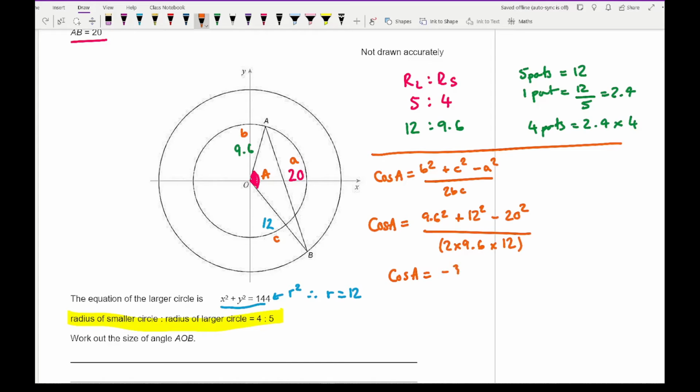Don't worry about the negative answer, because we then need to work out the inverse cos of that number. If you've already got it on your calculator, just use the ans function. If we do that, we should have an answer of 135.3 degrees, and that's to 1 decimal place.